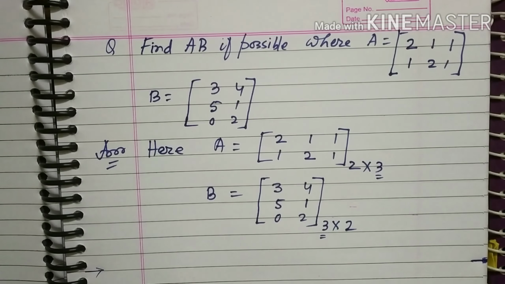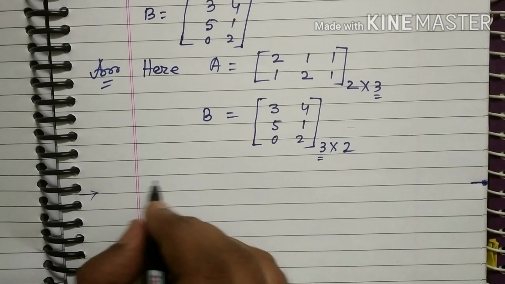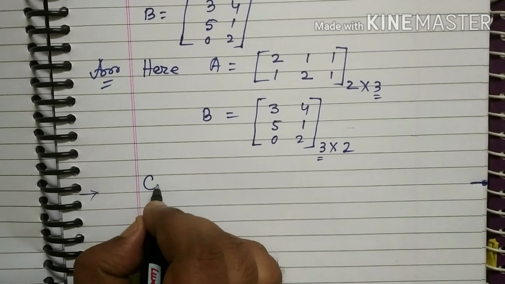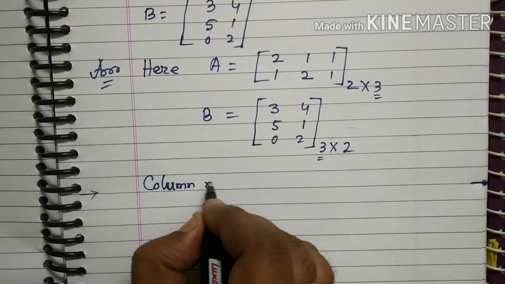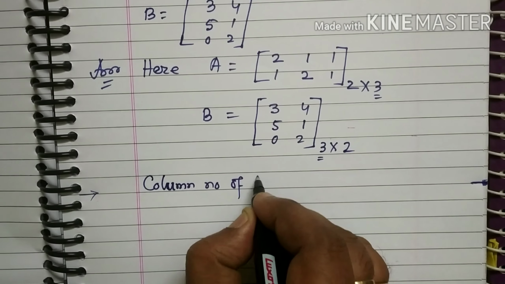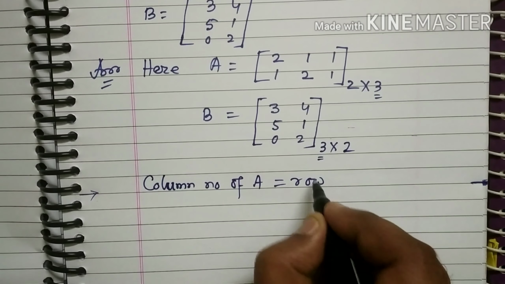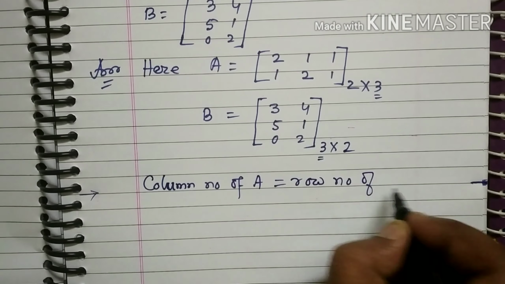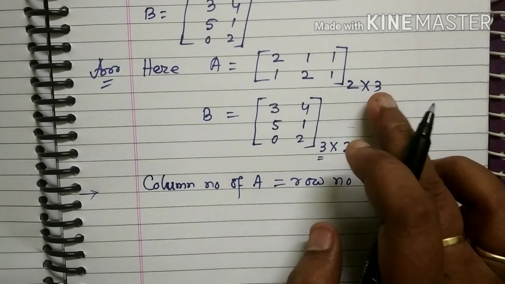So you have to mention it: the column number of A is equal to the row number of B, which is 3.